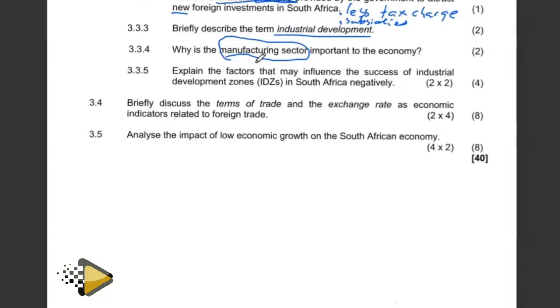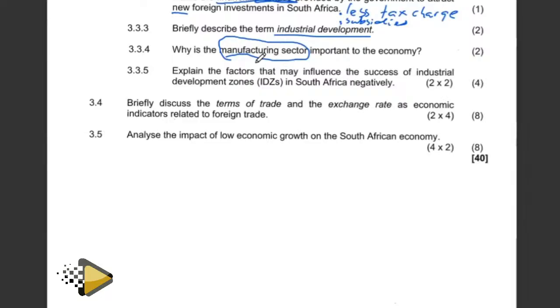On the side of the government, the moment there is a manufacturing sector that is so powerful, the government can put their charge there as well, so that they can have the tax proceeds to be able to give out transfers or grants to its inhabitants.